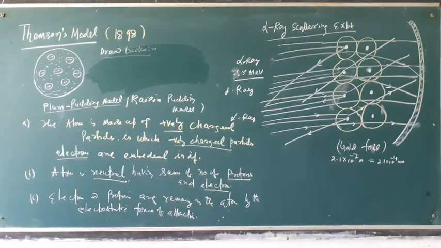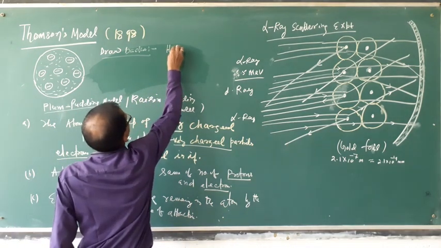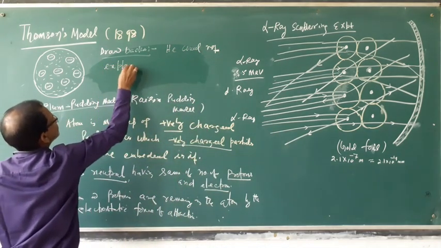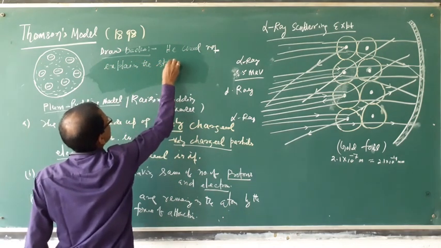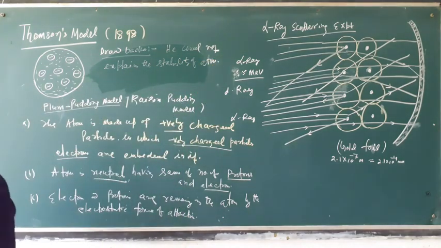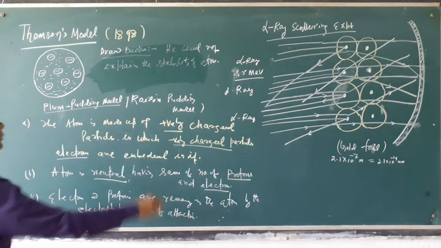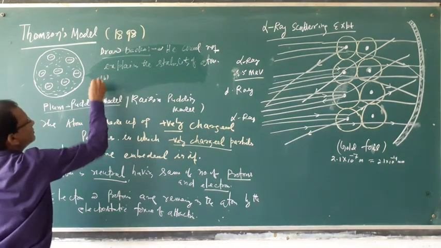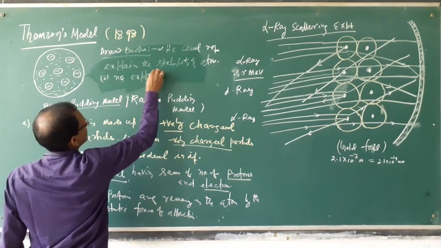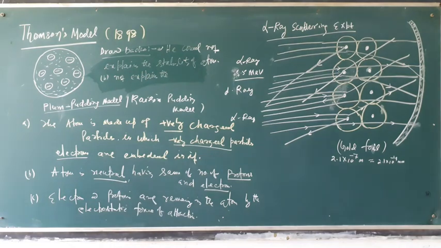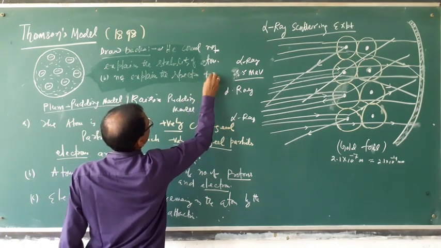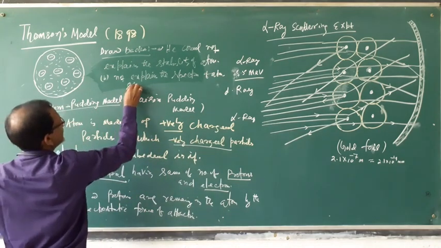Drawbacks: he could not explain the stability of the atom, and also could not explain the spectra of the atom, the shape of the molecule.